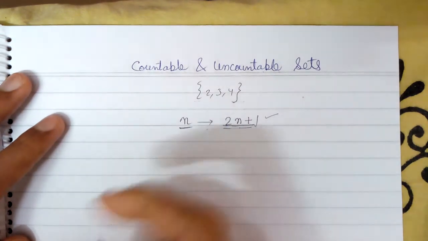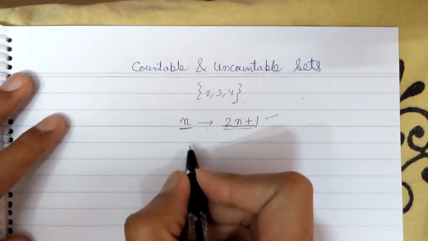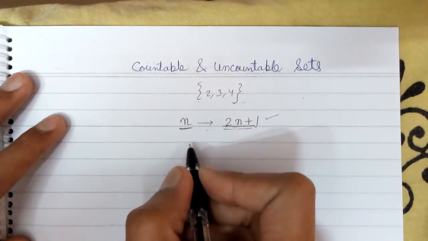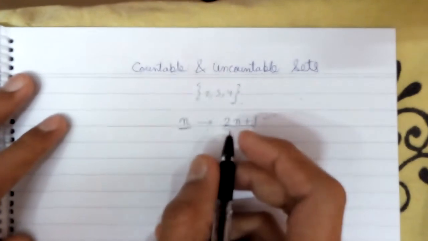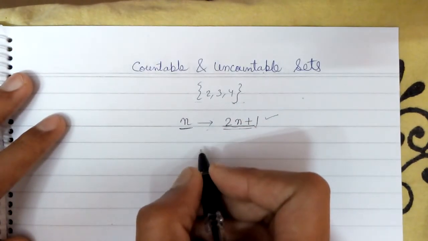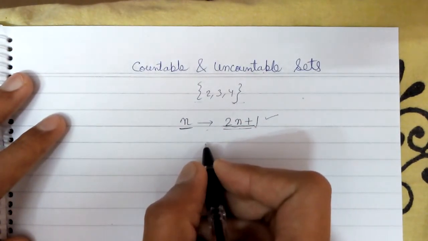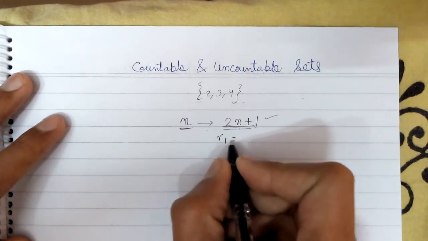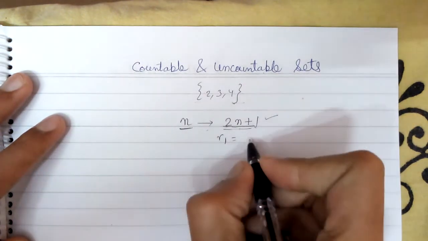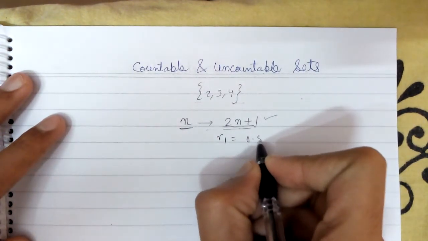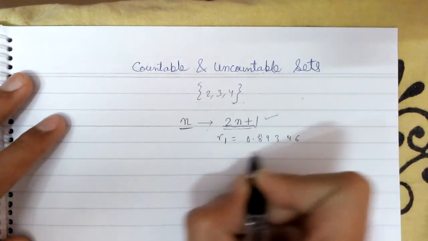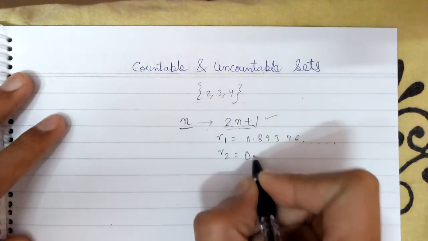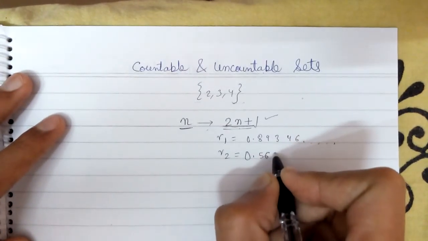Now let's look at an example of real numbers and show that the set of all real numbers is uncountably infinite. So we quickly define, let's say, this mapping where R1 denotes that 1 is mapped to 0.89346, then R2 denotes that 2 is mapped to 0.56298.